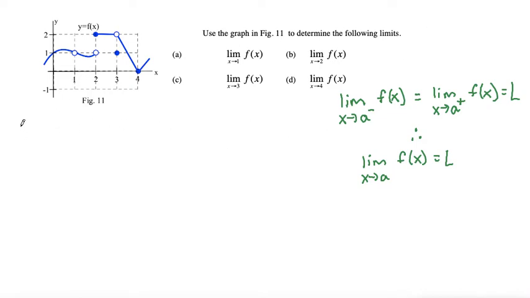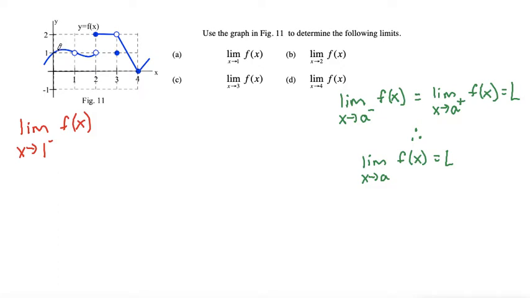Let's say we're trying to find the limit as x approaches 1 from the left-hand side of f of x. So the way we do that is we find 1 on the graph, then we go towards the left a little bit, and then find the function.